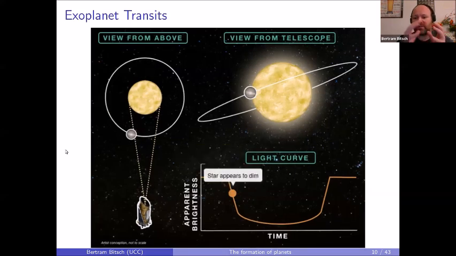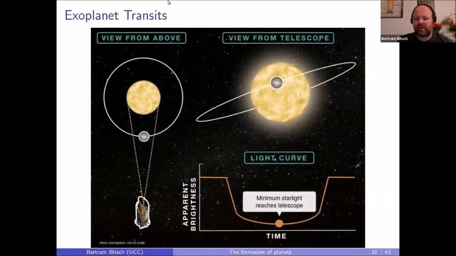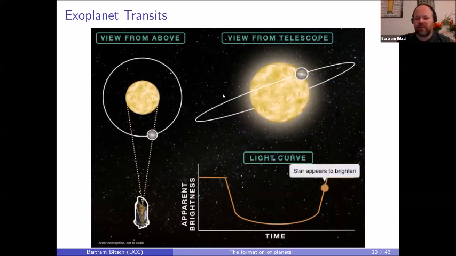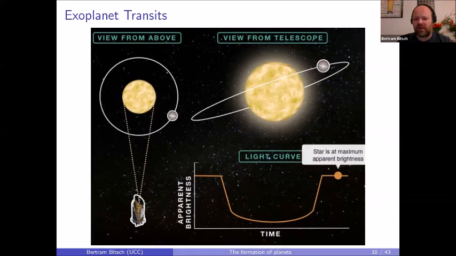But then as the planet starts to move in front of the star, the brightness starts to dim. And once the planet is fully in front of the star, we have reached the minimum starlight for our telescope. As we move out, the star begins to brighten again. And of course, as the planet moves away from the star, we have again the maximum apparent brightness.